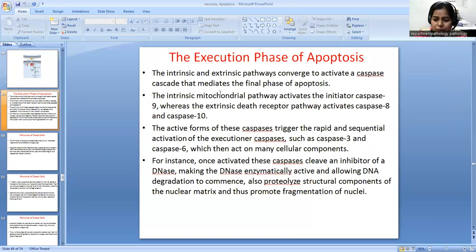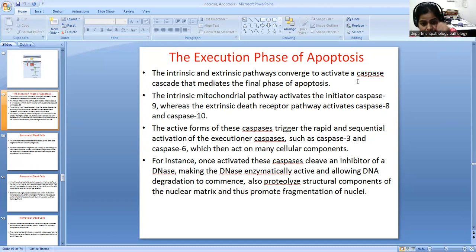Let's talk about the execution phase. The intrinsic and extrinsic pathways converge to activate a caspase cascade that mediates the final phase of apoptosis. The intrinsic mitochondrial pathway activates the initiator caspase 9, whereas the extrinsic pathway activates 8 and 10. The active forms of these caspases trigger the rapid and sequential activation of the executional caspases, such as caspase 3 and 6, which then act on many cellular components.